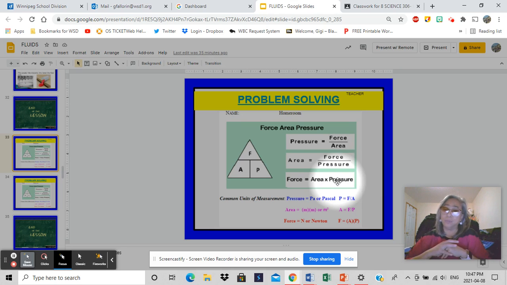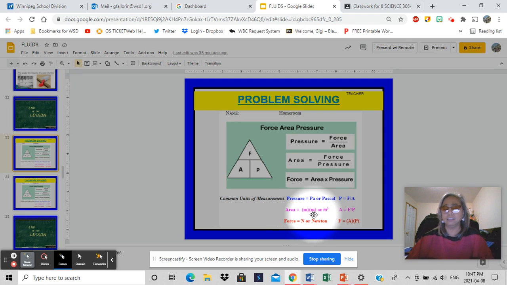And you know by now that when we deal with problem solving in science, we are very much interested in attaching a unit of measurement to any number. So if you see a number and the unit of measurement is Pascal or Pa, that would mean a unit of pressure. Or if you have area, I know this is very familiar in math, right?